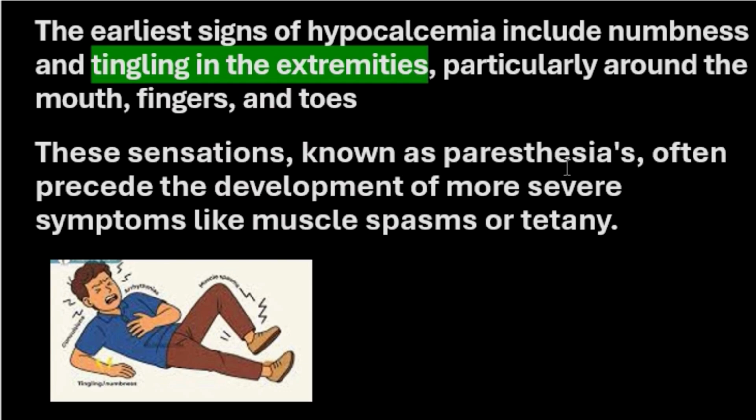These sensations, also known as paresthesia, often precede the development of more severe symptoms like muscle spasm or tetany. So muscle spasm and tetany will also follow the tingling or twitching in the initial stage of hypocalcemia.